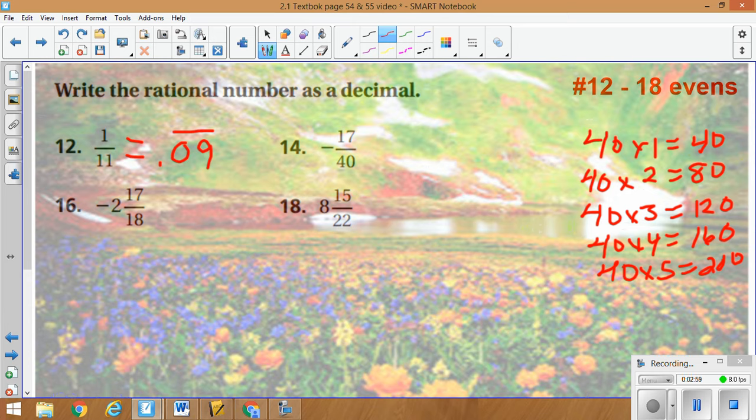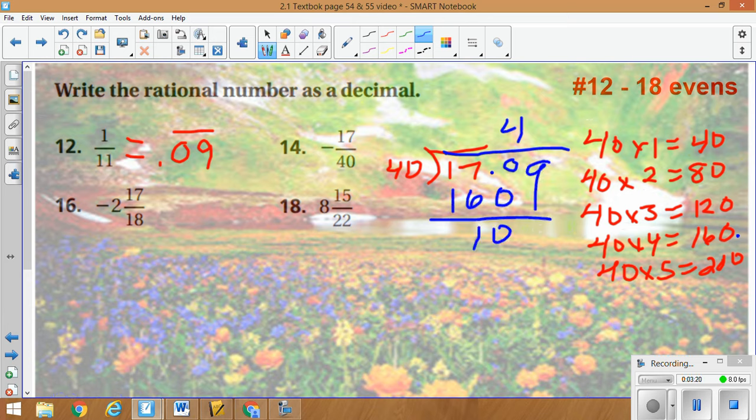So we're just going to divide 17 by 40. So 40 can't go into 17, so I add a decimal and a 0. 40 goes into 170 4 times. So 4 times 40 is 160. There's 10 left over. Add a 0 and bring down. 40 goes into 100 2 times.